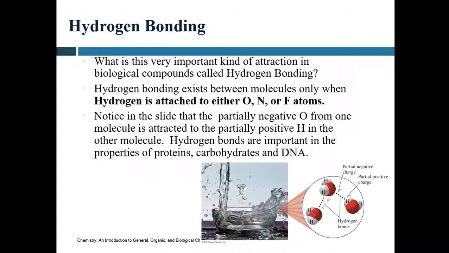And again, like I said, it's not just limited to one. We could draw more of these, and this hydrogen could be attracted to an oxygen of a water molecule, ditto for this hydrogen, and then it's very web-like. Hydrogen bonds are important in the properties of proteins, carbohydrates, and DNA.